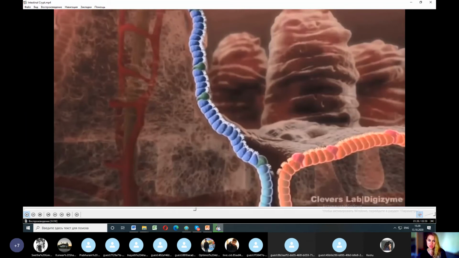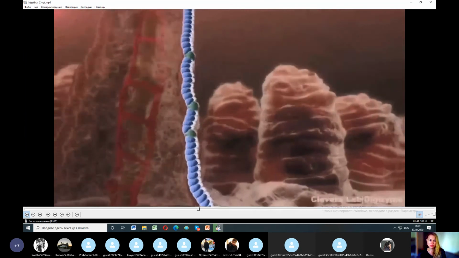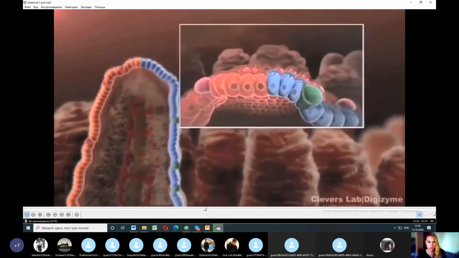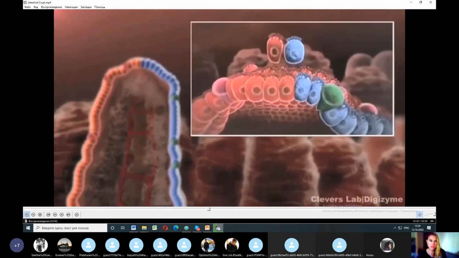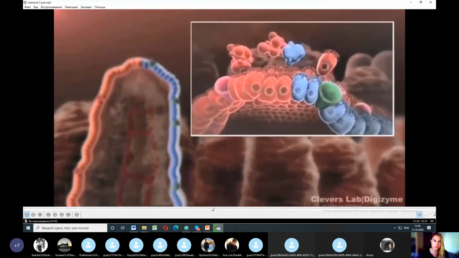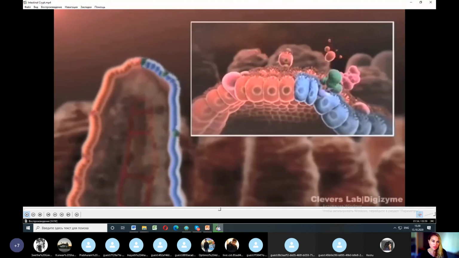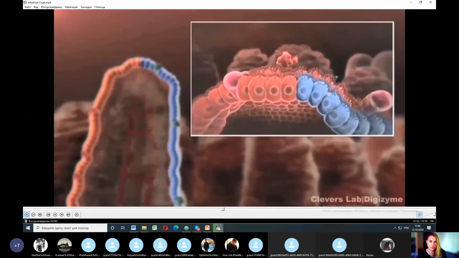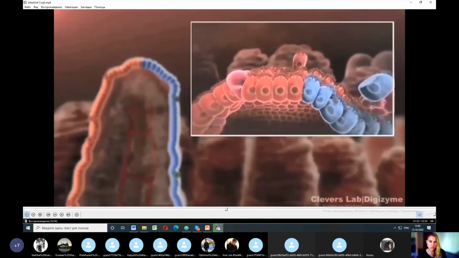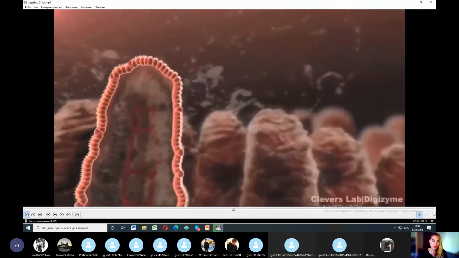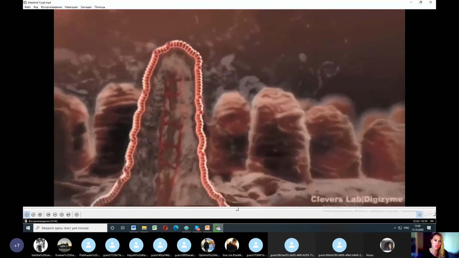But at the same time, in case of uncontrolled process of mitosis, you can see how the cells die at the top of the villi in response to the influence of some harmful substances.